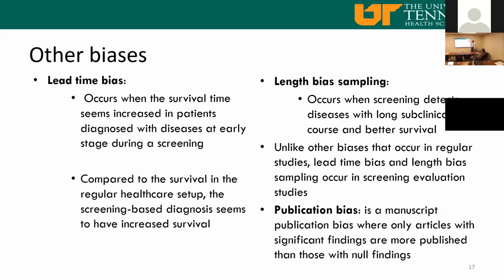Other types of bias in studies are lead time bias. This occurs when the survival time seems to have increased in patients diagnosed with the disease at an early stage during screening. If a screening is done and the efficacy of the screening is evaluated by looking at the survival time of those who are screened and those who are not, those who've been screened seem to have an increased survival time.